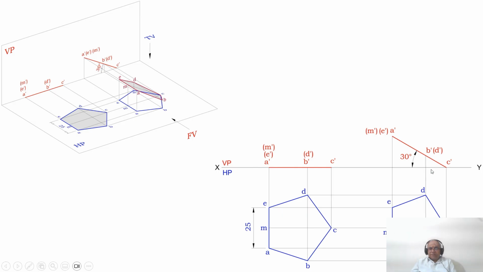Then draw a vertical projector from B dash and D dash, and draw a horizontal projector from B to the second position top view.